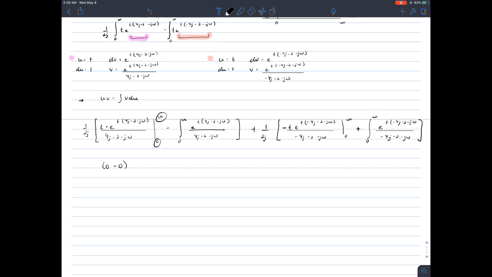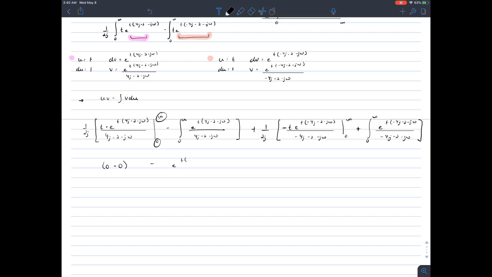So 0 minus 0, okay, minus the integral from 0 to infinity of e to the (4j minus 2 minus j omega)t. We're just going to save a bunch of time here and actually evaluate this integral.